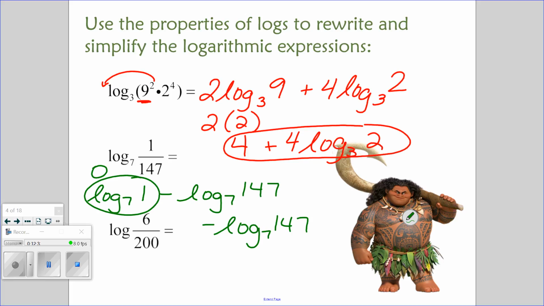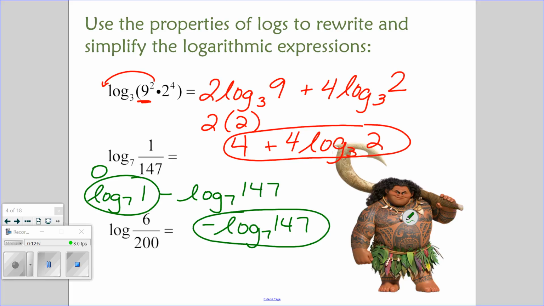Again, if you're not sure, grab a calculator, type stuff in, see if you can figure it out. All right, so you want to play around with 7 squared, 7 cubed. Does anything equal 147? No, it doesn't. So this one will simplify to just negative log base 7 of 147. Now be careful, don't lose that minus sign in front of it though, okay?